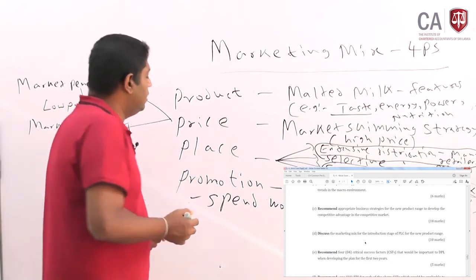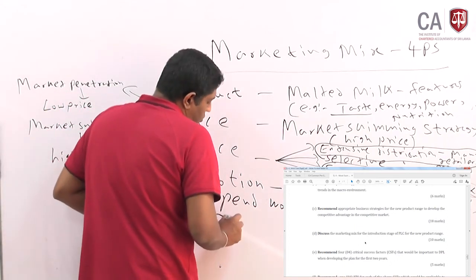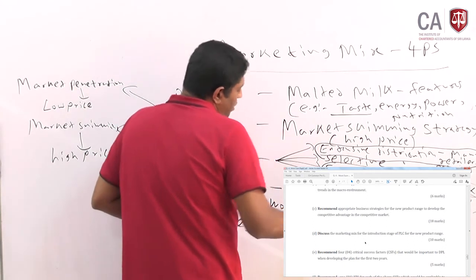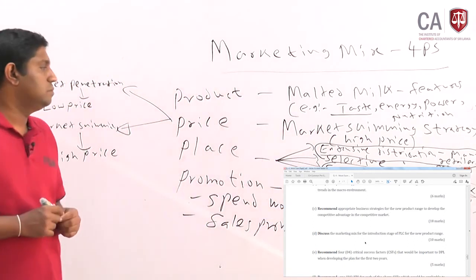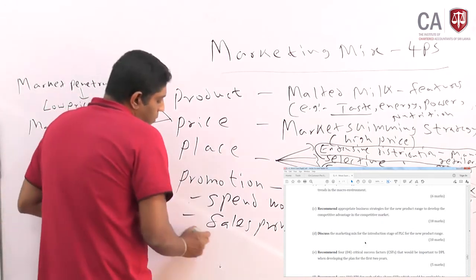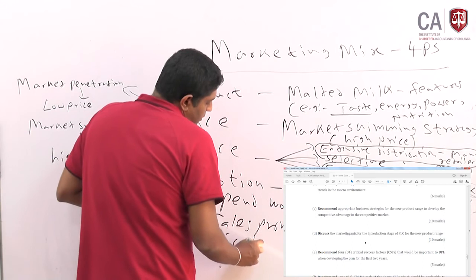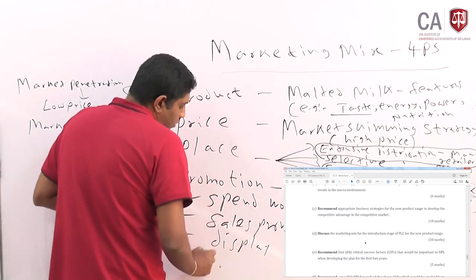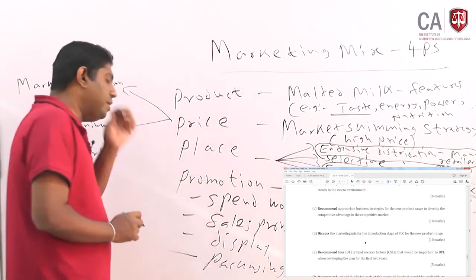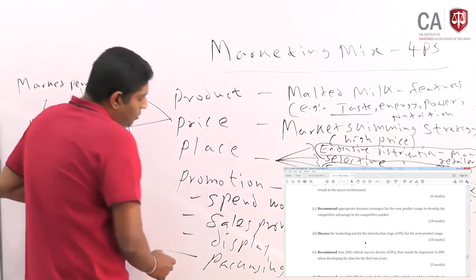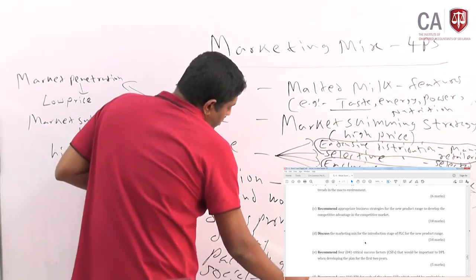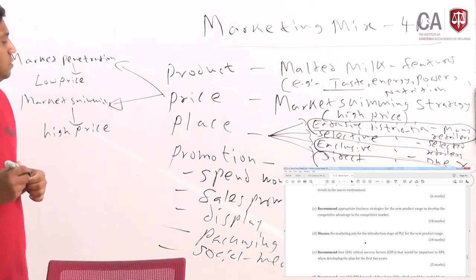Even you can use sales promotion activities also. Maybe sales promotion initially to promote the products. Even nice displaying in supermarkets, good packaging, you can use good packaging, you can use social media to promote the products.